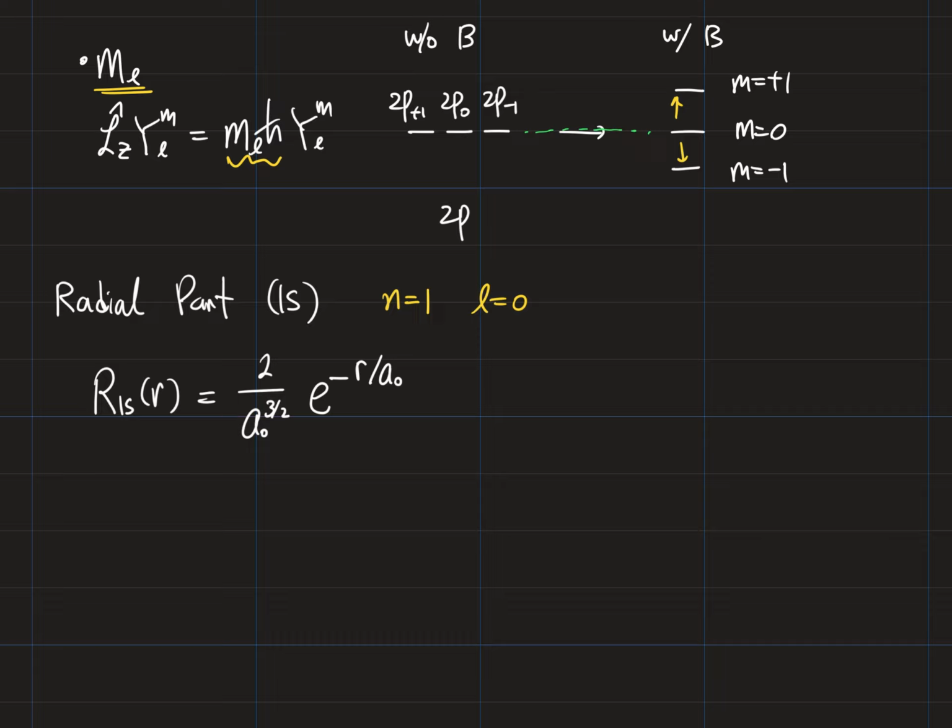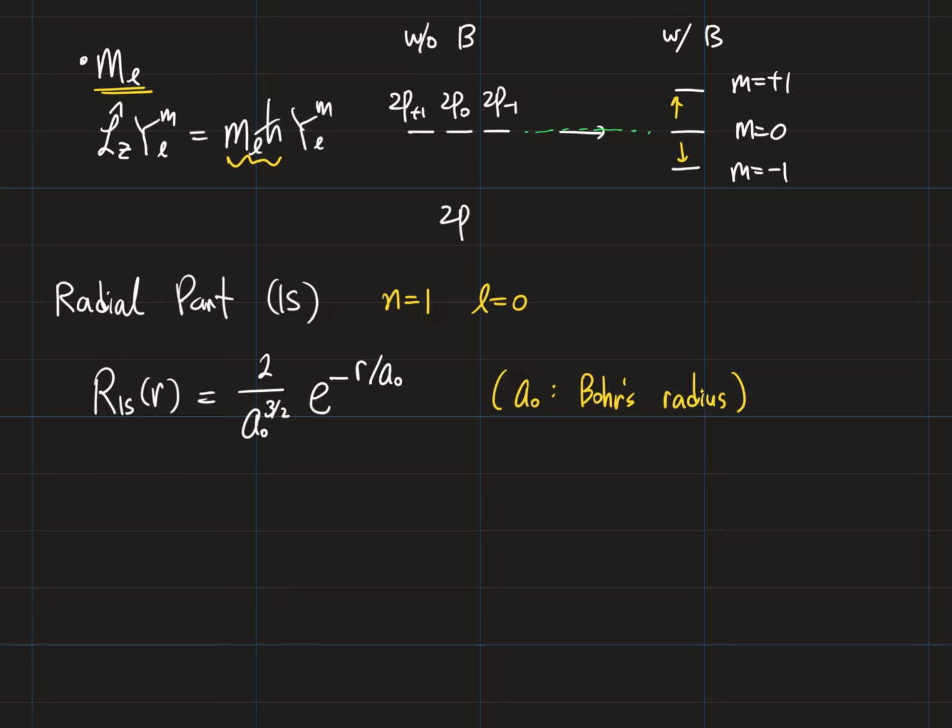So I might not mention the physical meaning of a0, so let's do that now. So a0 is the Bohr radius. So it is exactly the same value when Bohr tried to explain the line spectrum using his orbit model.